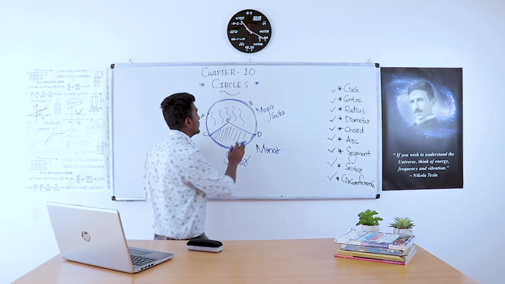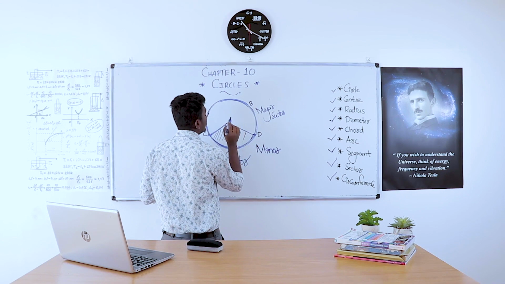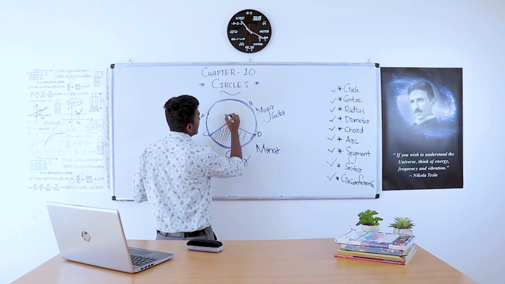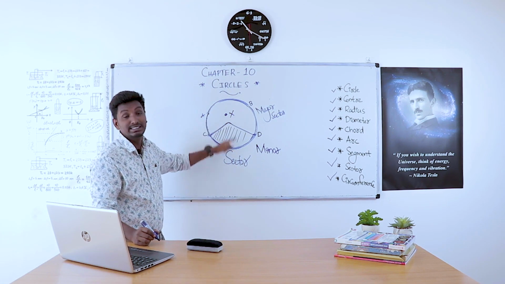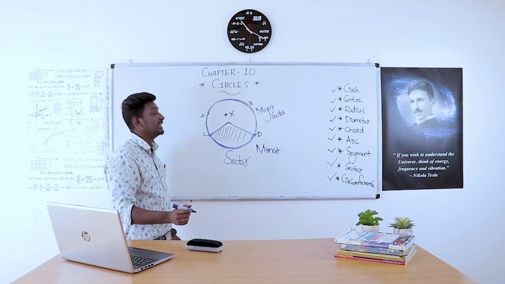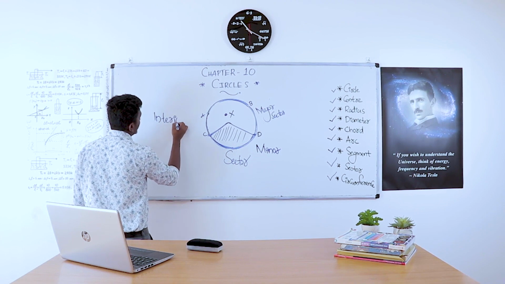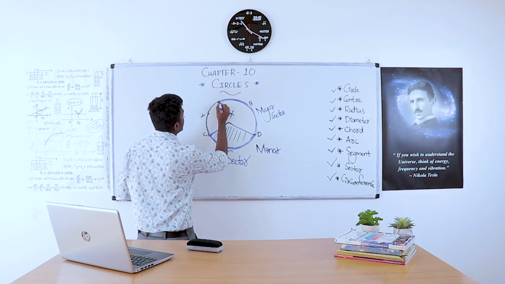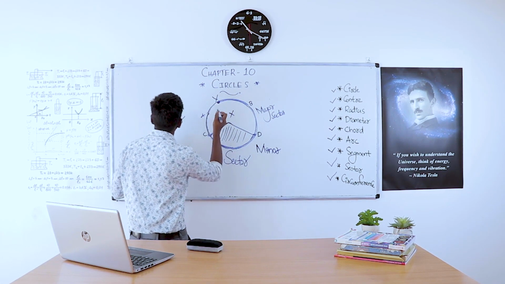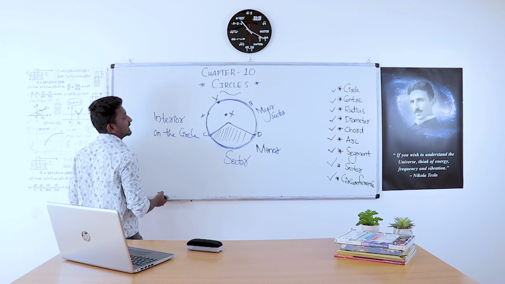Now, when we are marking points, we can classify the point as interior point, exterior point, or point on the circle. If the point is inside the circle, like this, I am marking a point X. Now this point is inside the circle. Then this point is called an interior point. If I am marking a point like this, Y, this is a point on the circle.